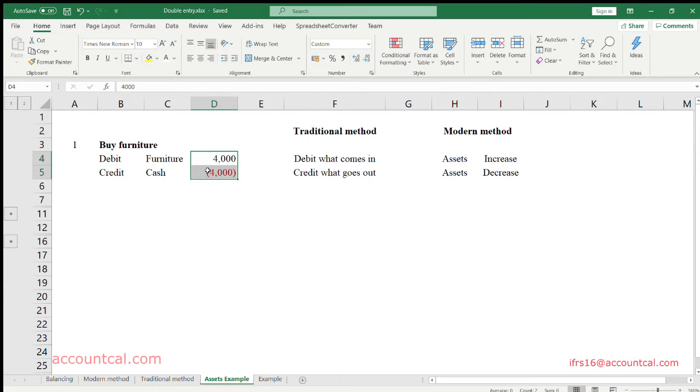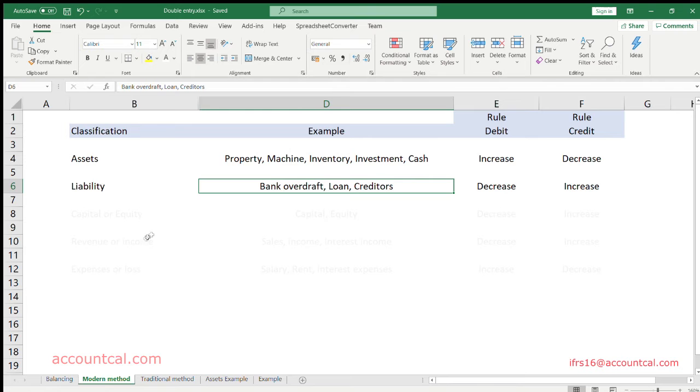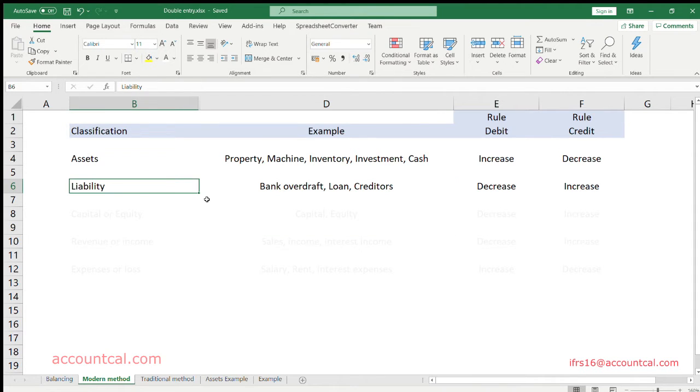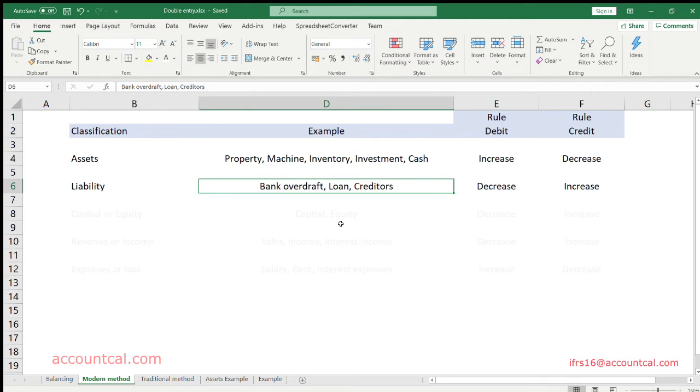So now let's go a bit further, where there is one asset and one liability. First we have to understand what the liabilities are. There can be many liabilities. For our examples, let's assume bank overdraft, loan, and creditors are liabilities. So what is the rule as per the modern method?